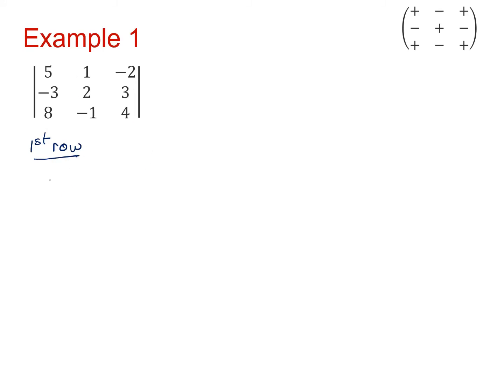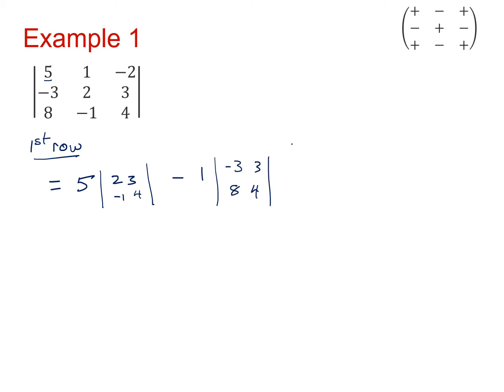So the determinant is going to be equal to, take the first element and multiply by its cofactor. So that's going to be 2, 3, minus 1, 4. And then the second element is 1, and times its cofactor is going to be minus 3, 3, 8, 4.